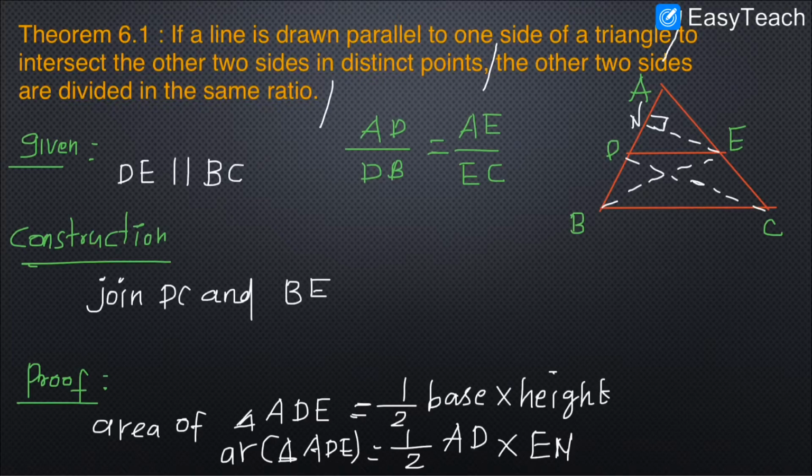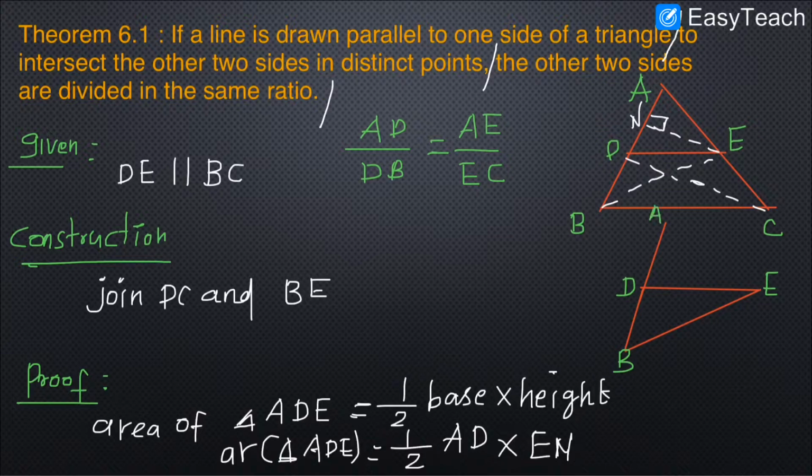So I am going to take DB as base. So half into base DB or BD, anything. For height, to measure this height, I drew the triangle DBE separately, and look here, the BD line is extended to AE.